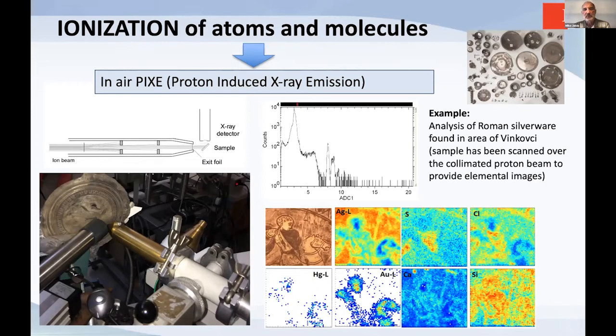If we scan the object slowly over the beam, we can extract these images and then identify the origin of certain structures, or in this case, the technology of how this plate has been modeled.